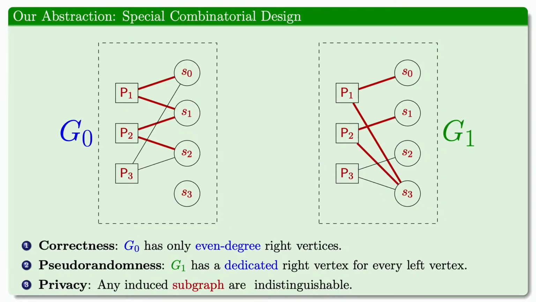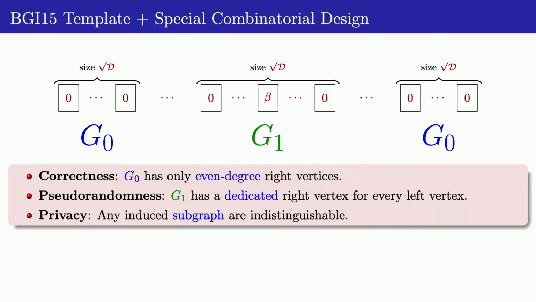So given this special combinatorial design, if you have all these three properties, you can plug it into the BGI-15 template to get a multi-party distributed point function, where you again divide the vector into root d many chunks. Each chunk has length root d, and you distribute the seed exactly according to G0 or G1 based on whether it's a non-special or special chunk. These three properties guarantee correctness and privacy for your DPF construction.